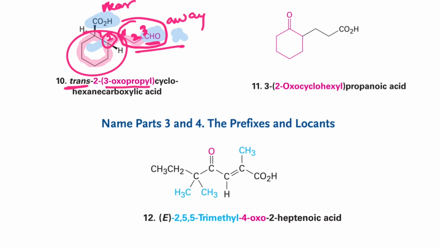Total this is called cyclohexane carboxylic acid. This carbon is not counted, therefore the word carboxylic acid is used. So trans-2-(3-oxopropyl)cyclohexane carboxylic acid.